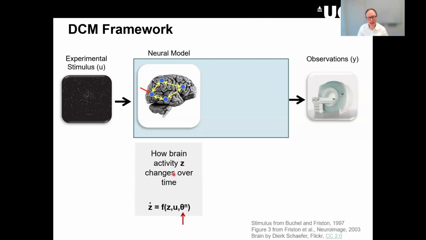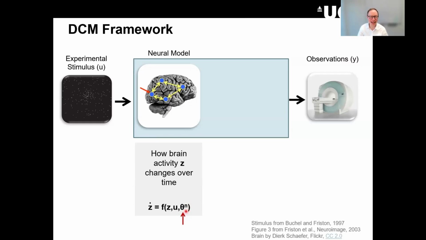The neural model says, what's the rate of change of Z? So this little dot means rate of change, or time derivative. So how does Z change over time? Well, it's going to be explained by a model, which I've called here F, which takes in 3 things: the current state of the brain, the timing of the experimental inputs, and this quantity here, which are the neural parameters.